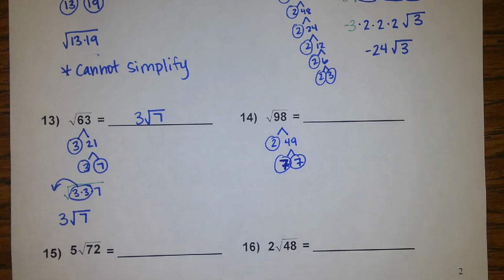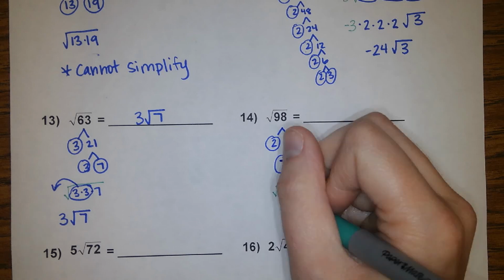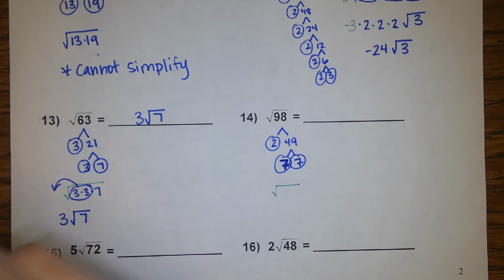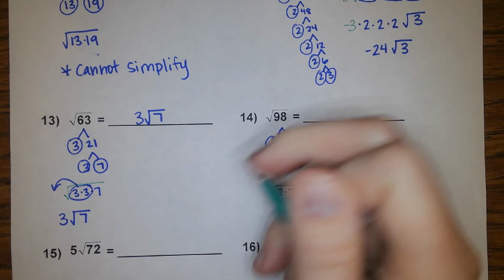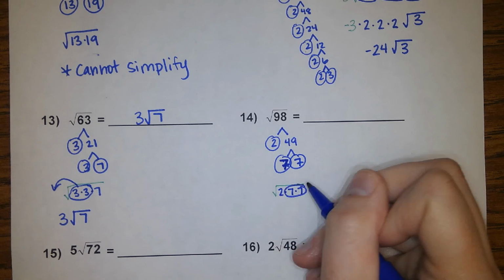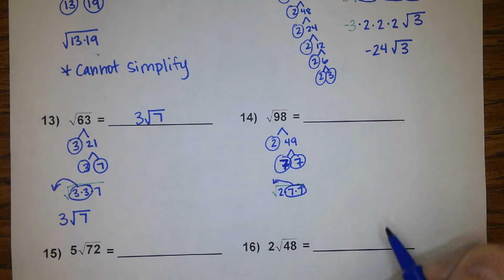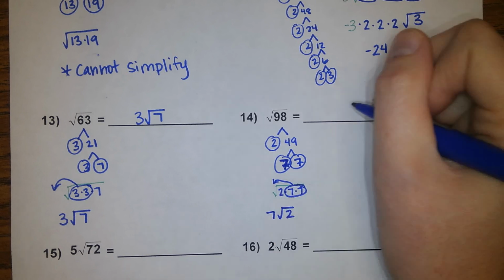So we would go ahead and rewrite it as 2 times 7 times 7, all right? And we know that 7 and 7 are the pair this time. Pull that out, and we are left with 7 radical 2. Okay?